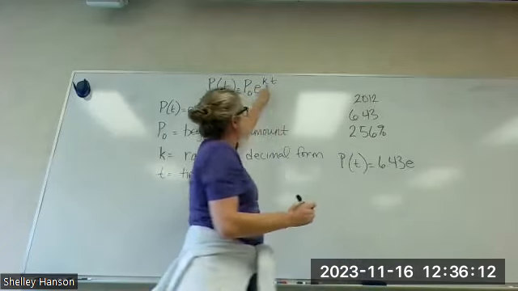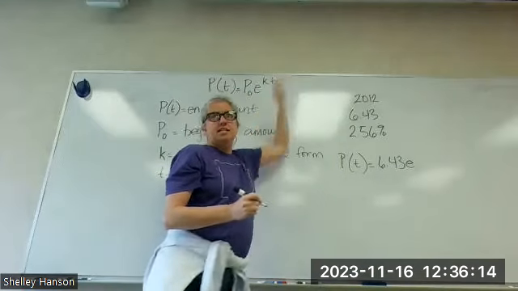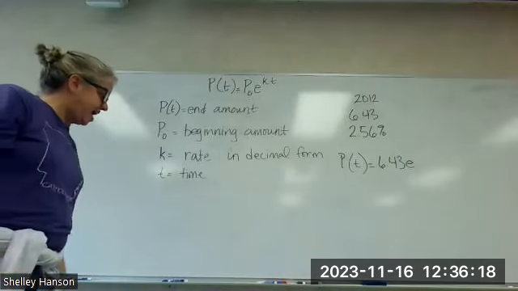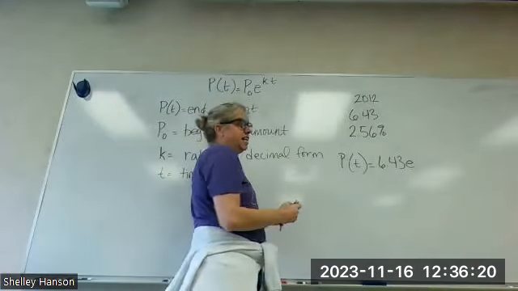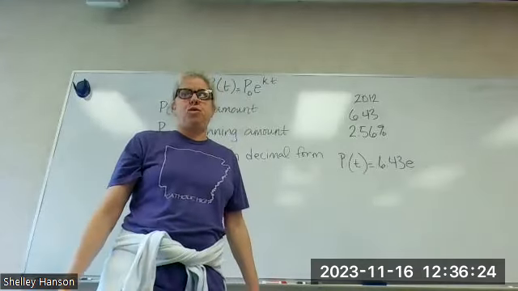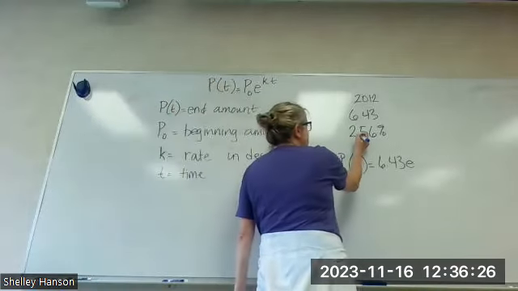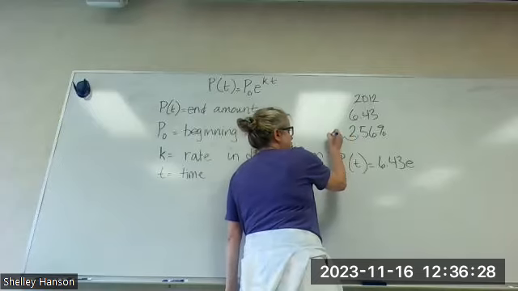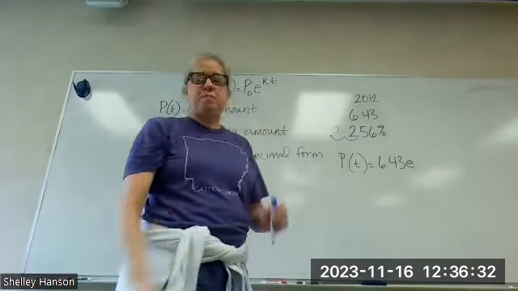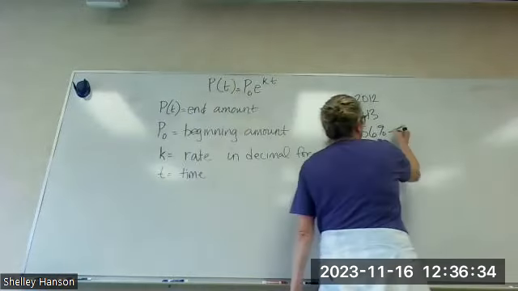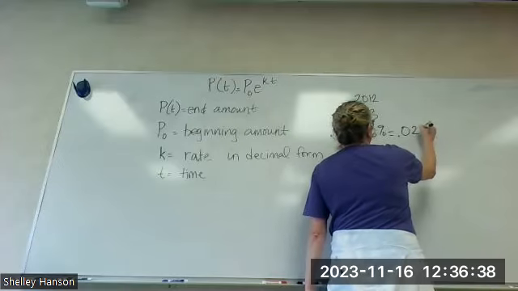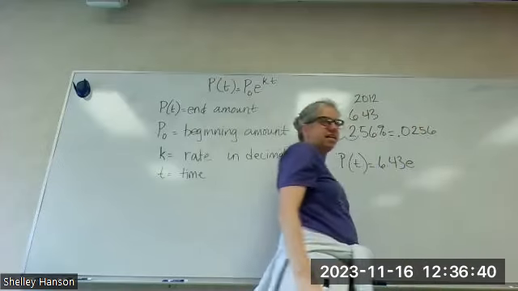Your exponent is the rate times the time. So my rate is 2.56%. I need to change that from percentage to decimal form, which means I'm going to move this decimal 2 places to the left, fill in that open space with a 0. So in decimal form, it's 0.0256.